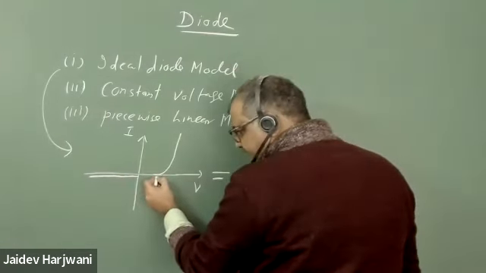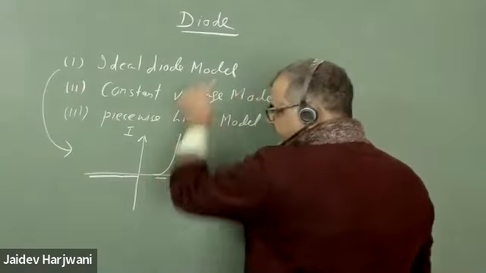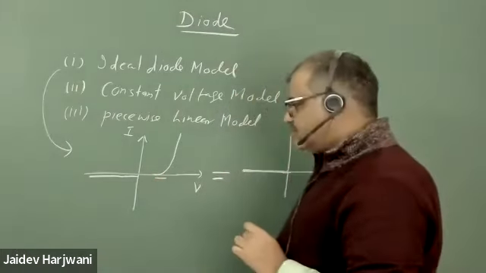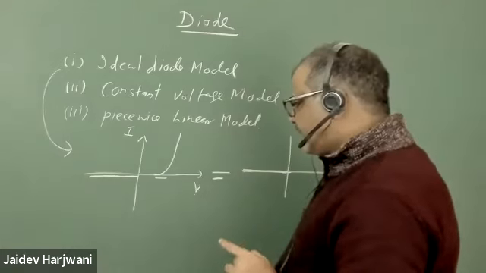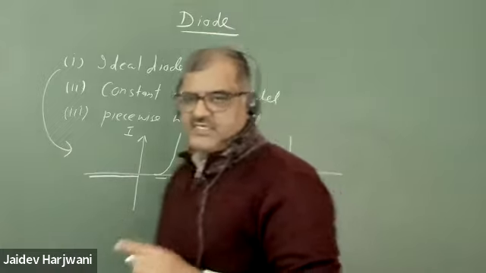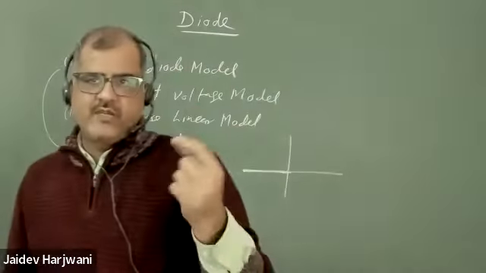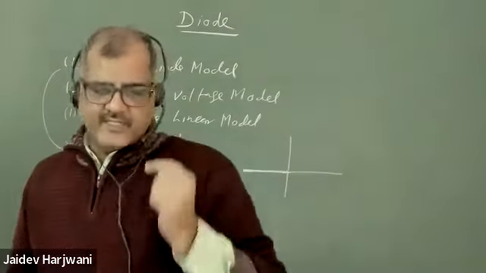Similarly, if you see here, the current is suddenly increasing. If I slightly increase the voltage after the cutoff voltage, the current shoots up. So in the ideal diode model, we assume that this cutoff voltage is 0. That means we don't require any voltage drop across the diode to conduct a current.